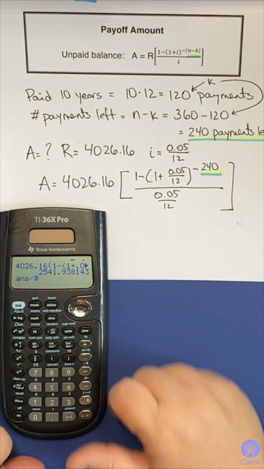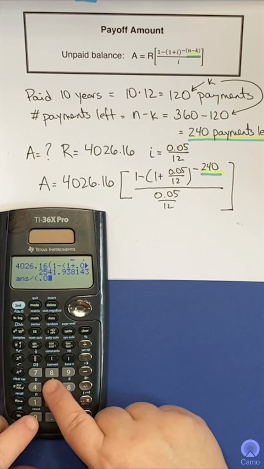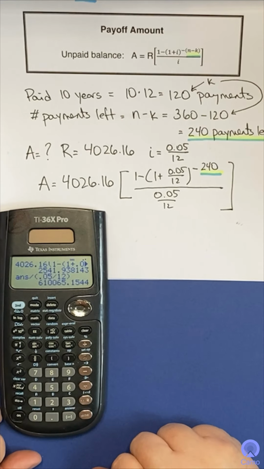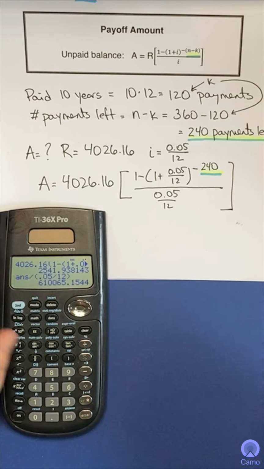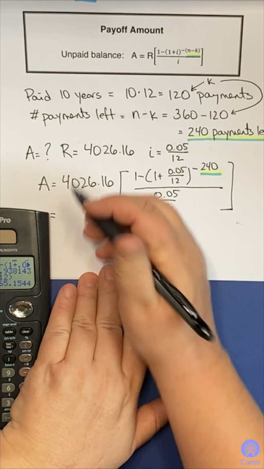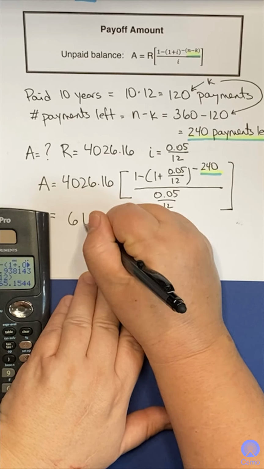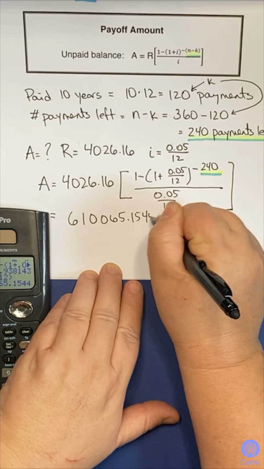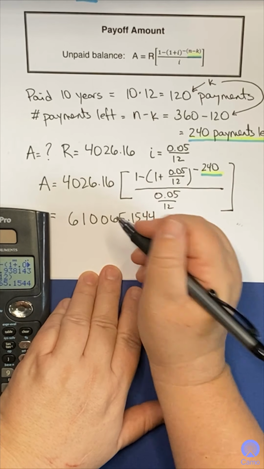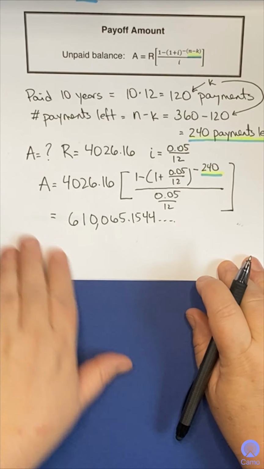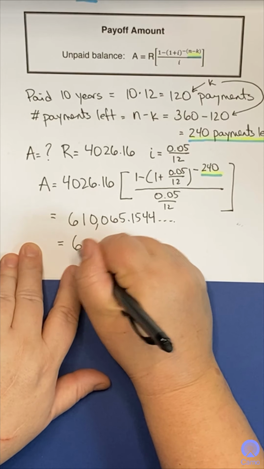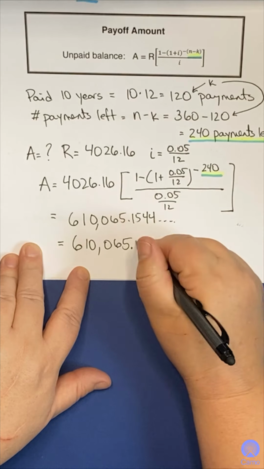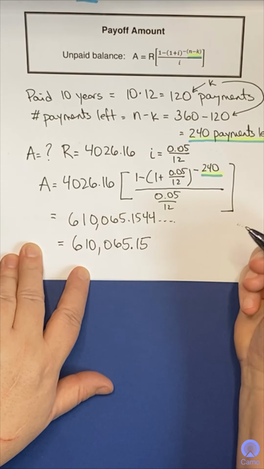Let me try that again. 0.05 divided by 12, parentheses, fingers crossed, and that amount is incredibly disappointing. 610,065.1544. And some other stuff it's not telling us. So let's reflect. How much is still due? $610,065, and I'm going to round down to 15 cents.